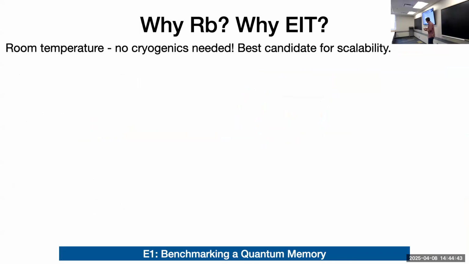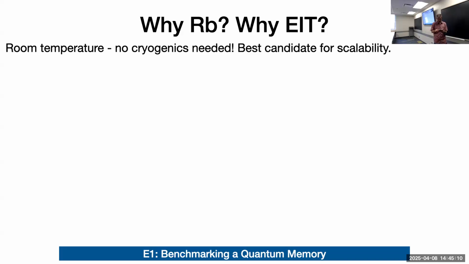So one of the things we look at is why we would actually use this if the efficiency is so low. The reason we're using an EIT memory is that it's so simple compared to a lot of systems. A lot of systems need cryogenics. Here you need a heat gun and a glass vapor cell and some laser diodes. In principle, it works fine. Maybe a bit of magnetic shielding, but in my opinion it's the only real candidate for cheap scaling of a quantum memory right now.